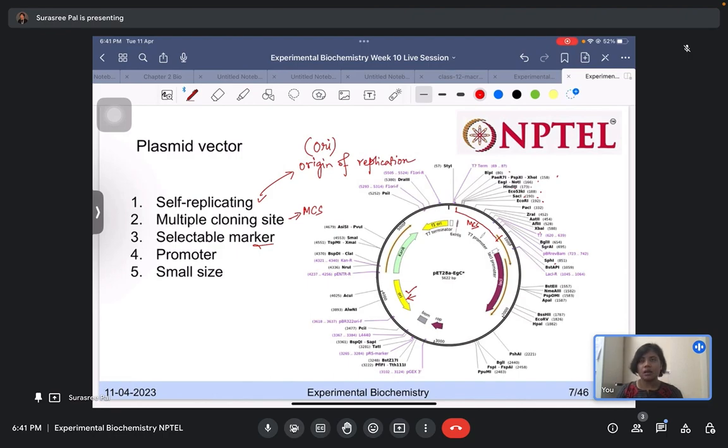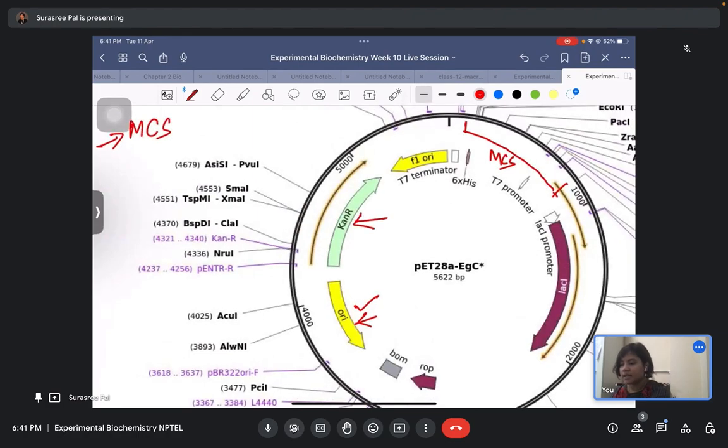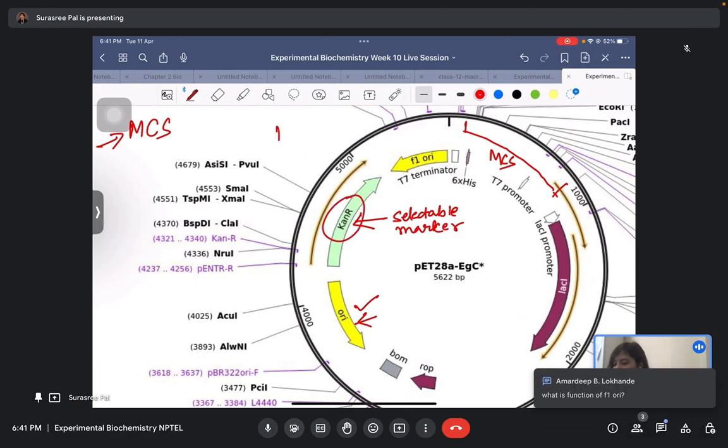It can also be markers like fluorescent proteins, for example GFP, green fluorescent protein, or RFP, red fluorescent protein, or these antibiotic resistance genes. Here in this map, this is the selectable marker, the gene which gives resistance to the kanamycin antibiotic. So KAN-R is basically resistance.